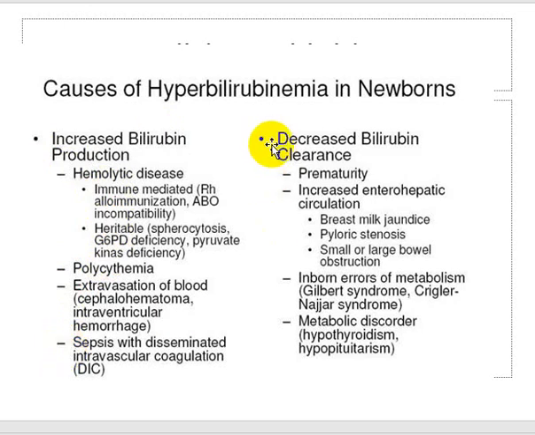Decreased clearance of bilirubin occurs in many problems like prematurity, increased enterohepatic circulation, inborn errors of metabolism, and some hereditary problems, Gilbert and Crigler-Najjar syndrome, and hypothyroidism. So this is in summary: either the bilirubin is increased or clearance is decreased.